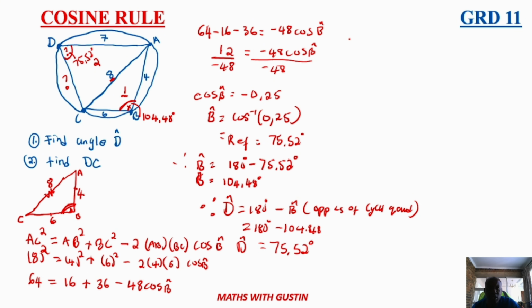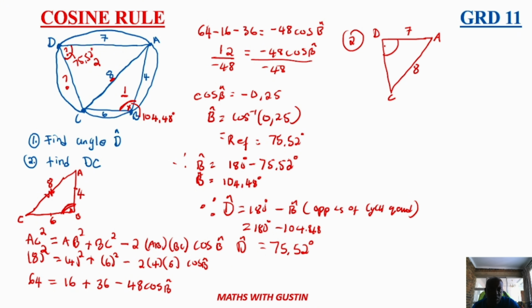So therefore now question number two. Number two, they're asking us to find the side DC. All right. So now if you have a look at this triangle here, this is D, this is A, and therefore this is C, and AD is given.